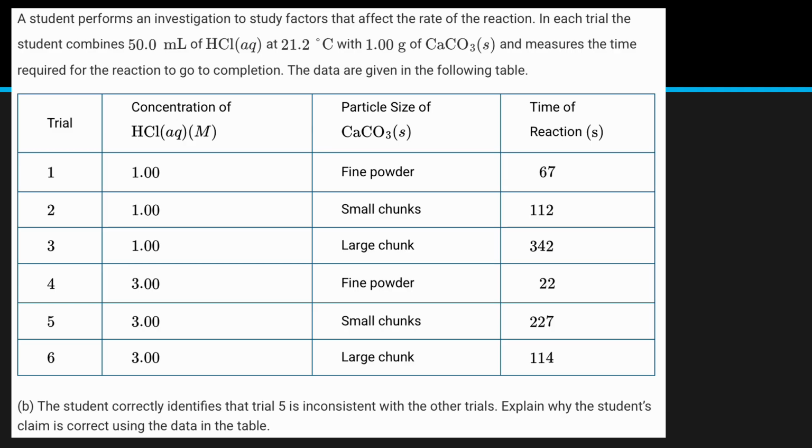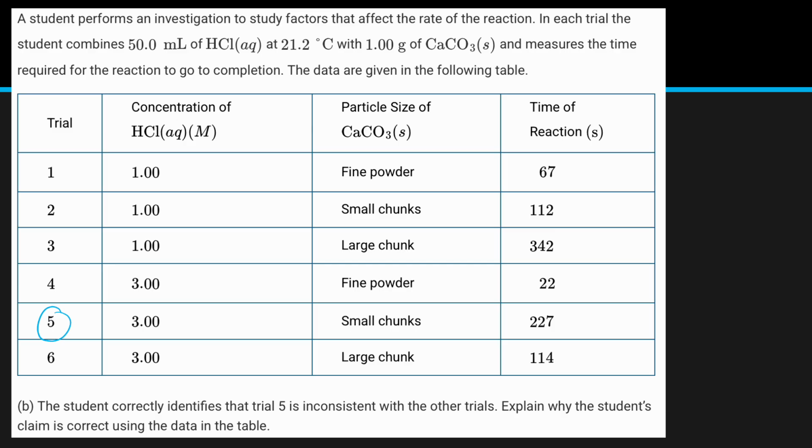Part B says the student correctly identifies that trial 5 is inconsistent with the other trials. Explain why the student's claim is correct using the data in the table. So in trial 5, we have 3 molar HCl with small chunks at 227 seconds for the reaction.